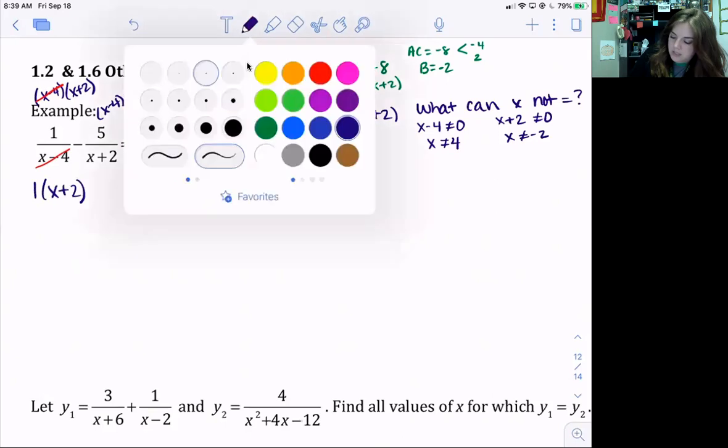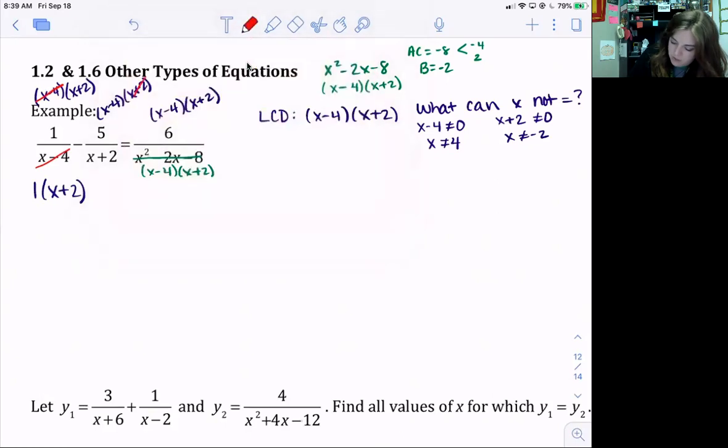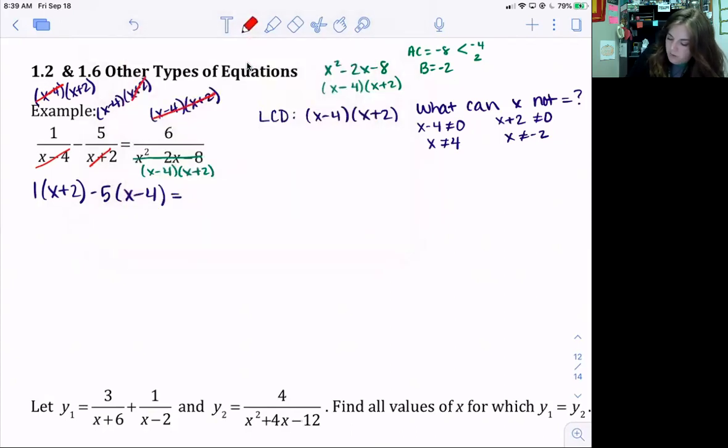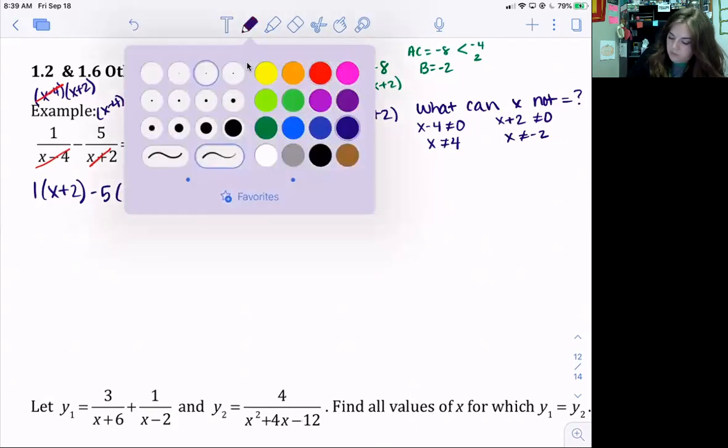On our next term, the x plus 2's cancel, and we're left with minus 5 times x minus 4 equals, and now both our x minus 4 times x plus 2 cancel, and we're simply left with 6.